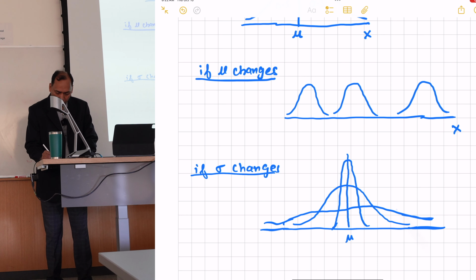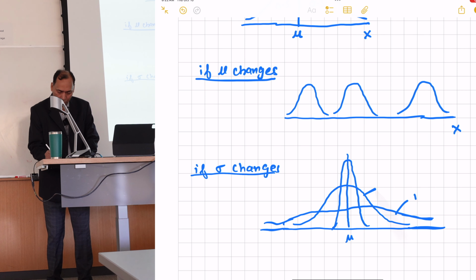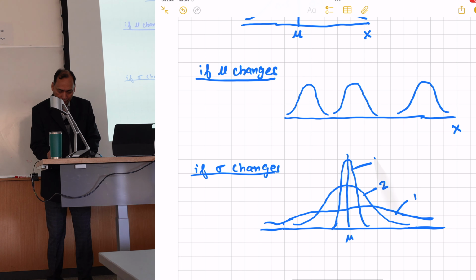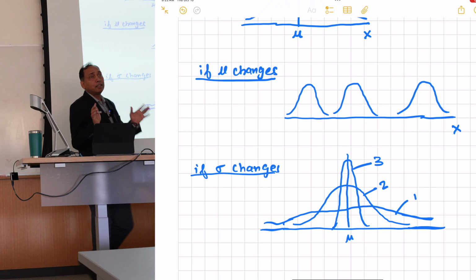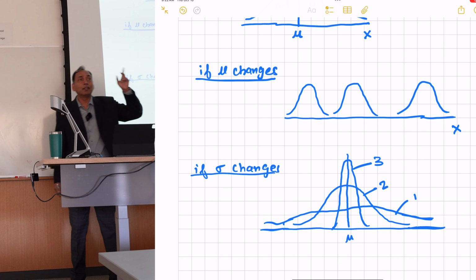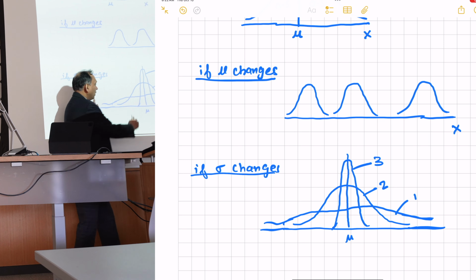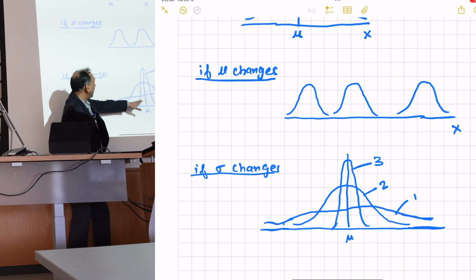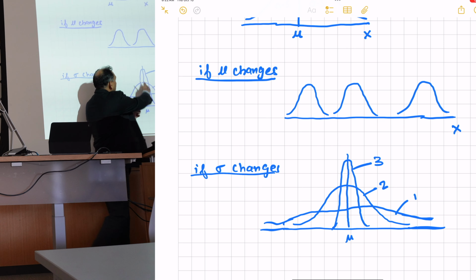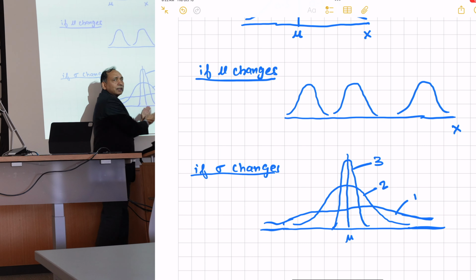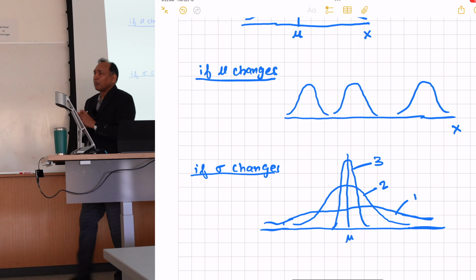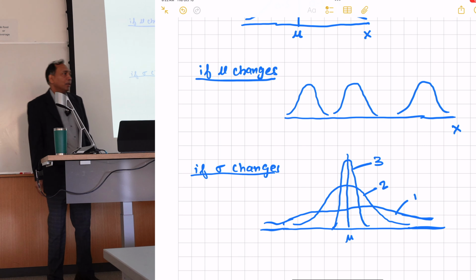So suppose this is 1, this is 2, and this is 3. Which one has the highest standard deviation? Yeah, 1, because you see the spread is more. Don't go by the height. This one is very thin. So thin means less variability, and wider means more variability.